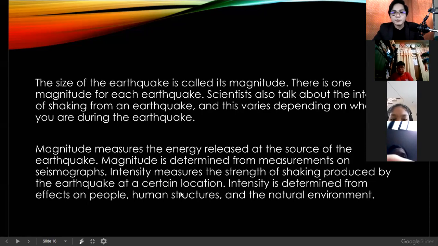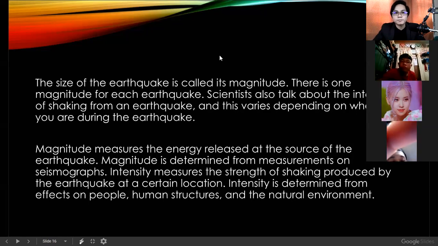Intensity measures the strength of the shaking at a certain location, meaning intensity is determined from the effects on people, human structures, and the natural environment. So these are the damages. Again, intensity can be determined by how the people are affected and what the damages are.